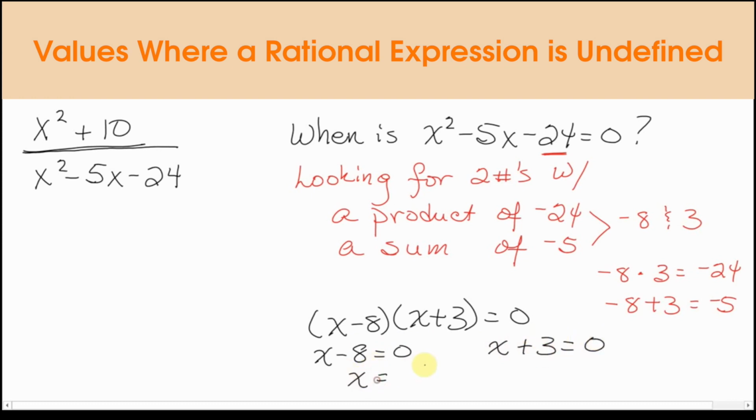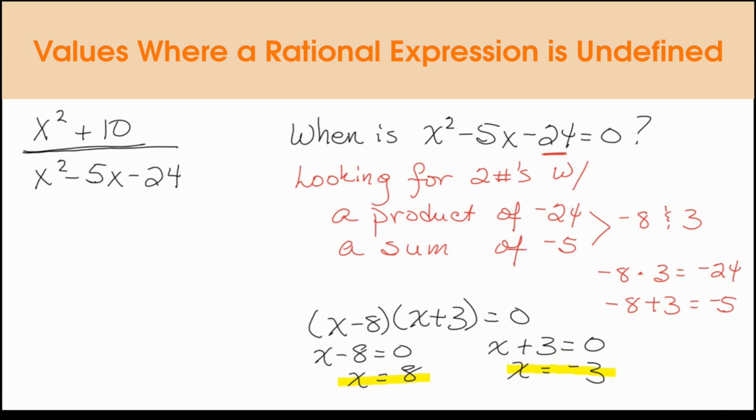So we have x equals 8 and x equals negative 3. These are the two values where this rational expression is not defined, because these numbers drive this denominator to 0, and having 0 in the denominator is a big no-no in math.